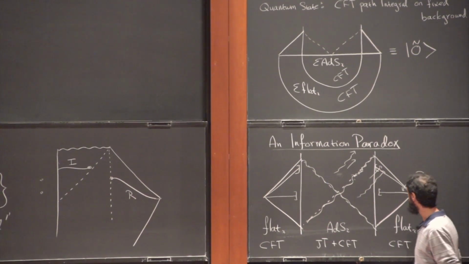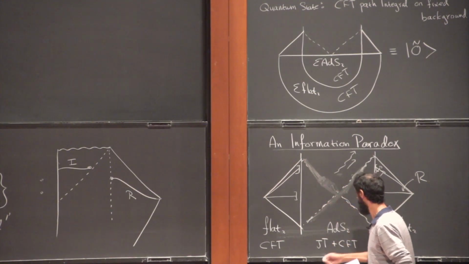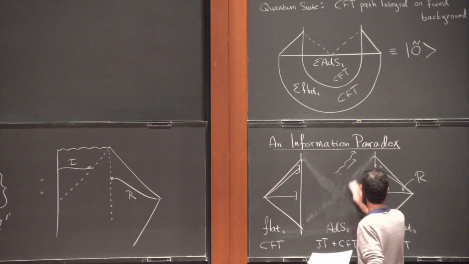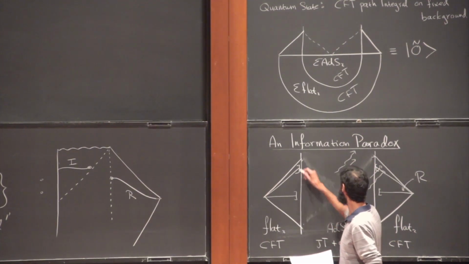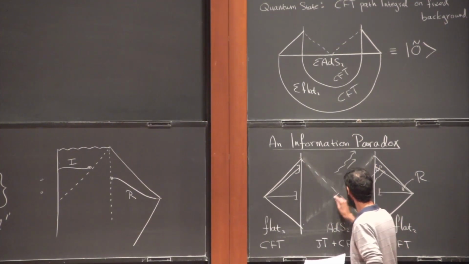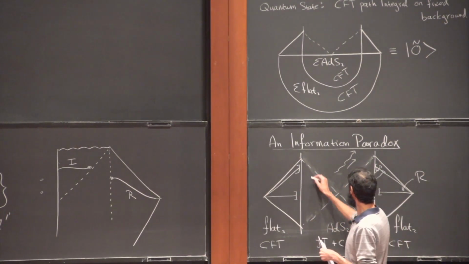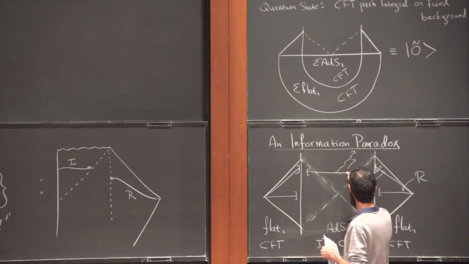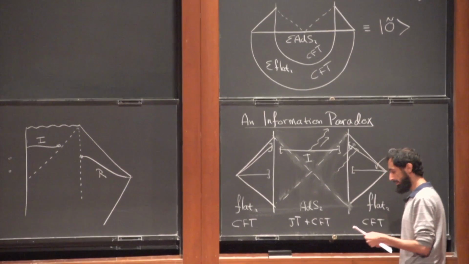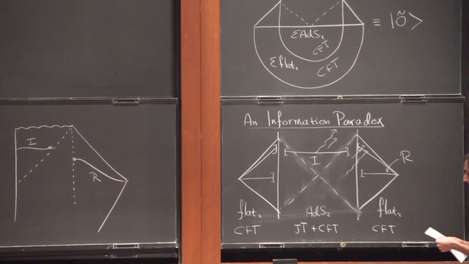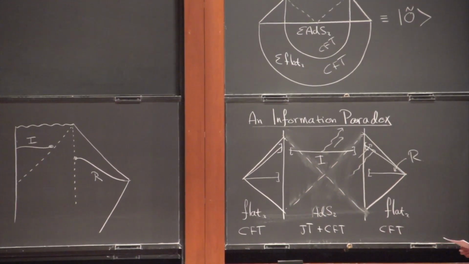At later times, however, redraw the horizon. Let me see. So at later times, you do expect the emergence of an island, which extends through the wormhole and ends outside of the horizon.